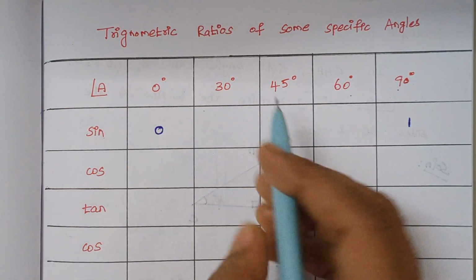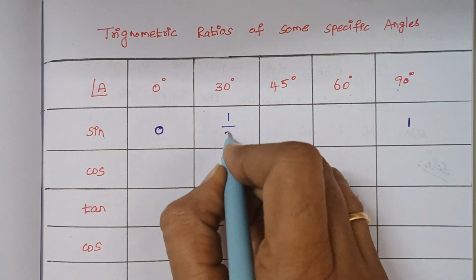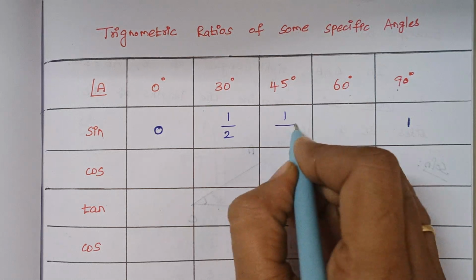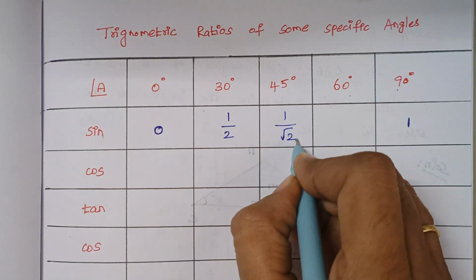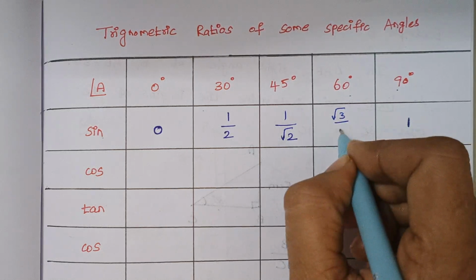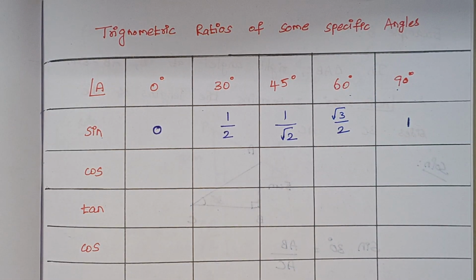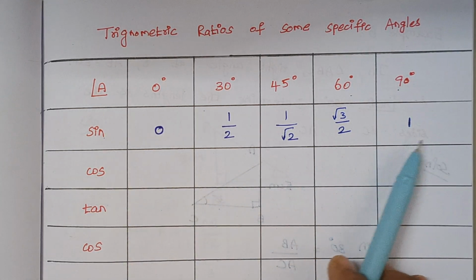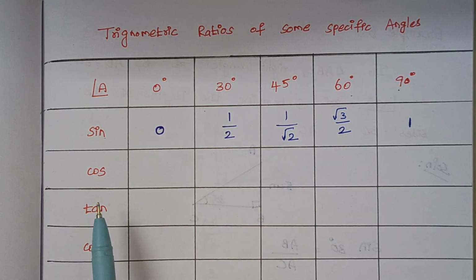For sine 30 degrees, it is 1 by 2, right? And the next thing is for sine 45, it is 1 by root 2. And for sine 60 degree, it is root 3 by 2, right? So the values are in ascending order regarding sine theta, right?